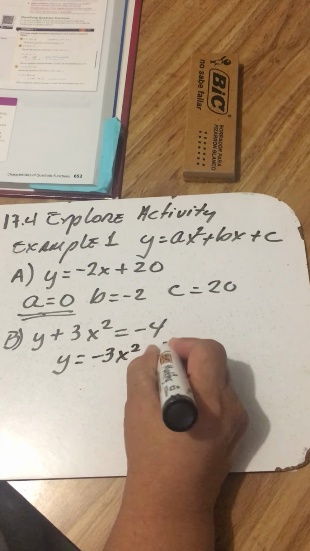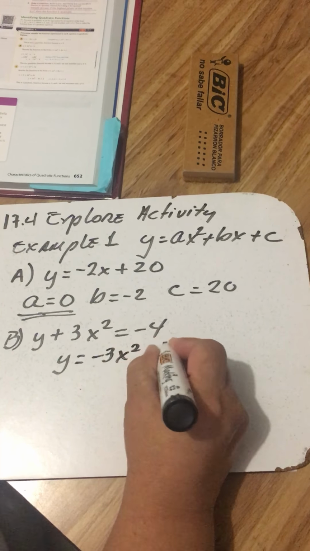And then c, we have minus y plus 2 plus 4x squared equals 4x. Now we want to put it in the standard form. Minus y equals minus 4x squared minus 2 plus 4x.